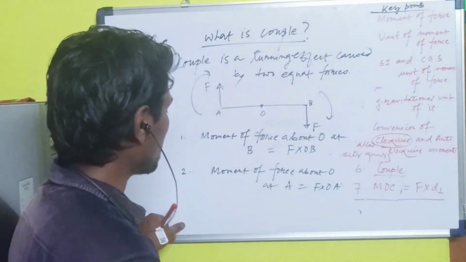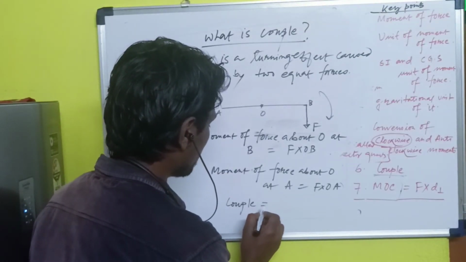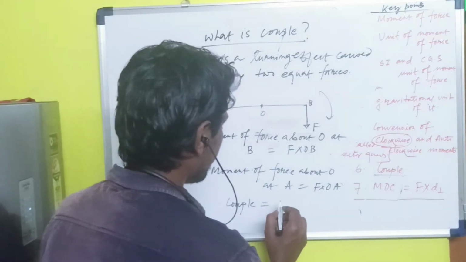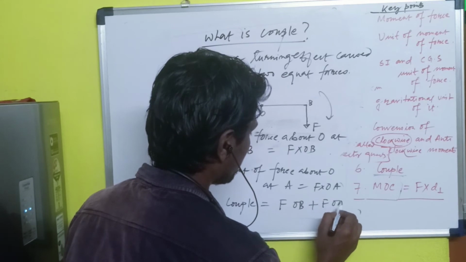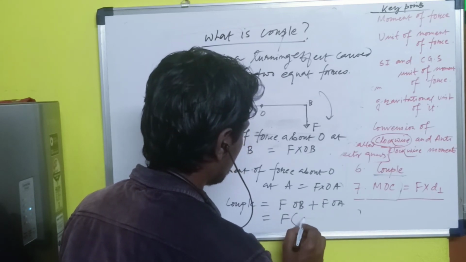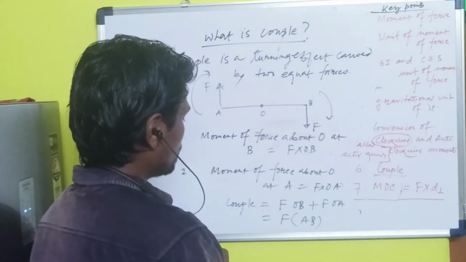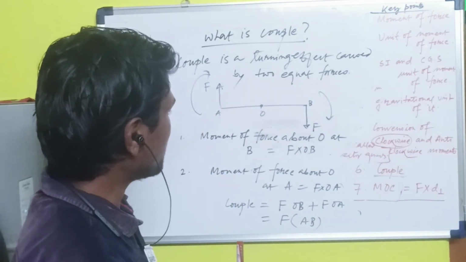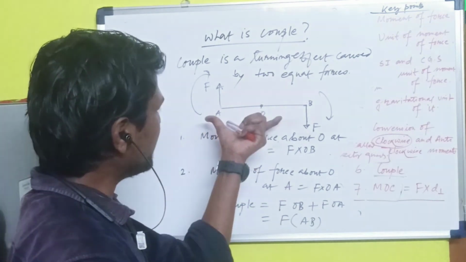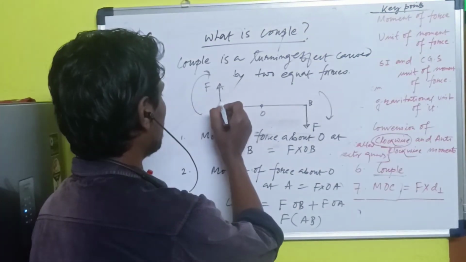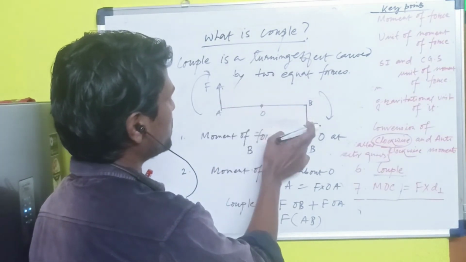So the total moment, that is the couple, equals F OB plus F OA, or F times AB, since OA plus OB is AB. So couple equals any one of the equal forces into the perpendicular distance between the equal forces.